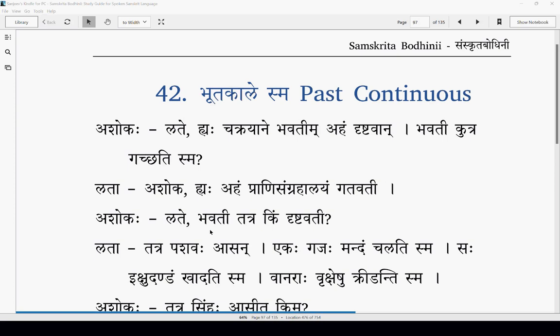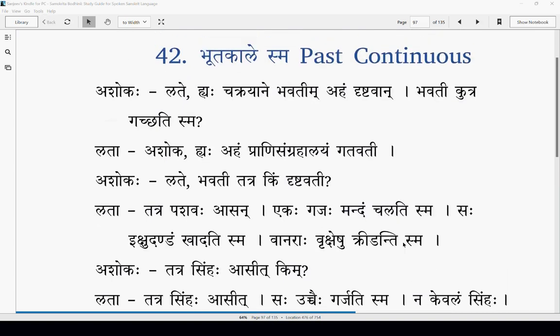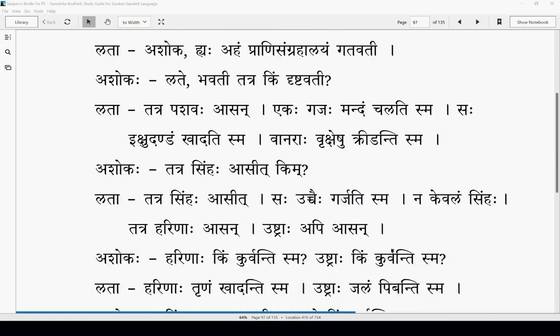Bālāḥ chitraṃ paśyanti sma. Pictures, bahuvacanam. Chitrān. Napuṃsakaliṅga. Chitrāṇi. Bālāḥ chitrāṇi paśyanti sma. I think you got the idea now. So just get that present tense form and add sma to it.